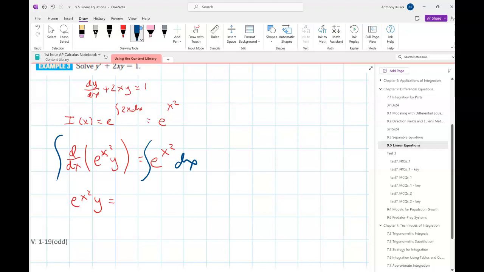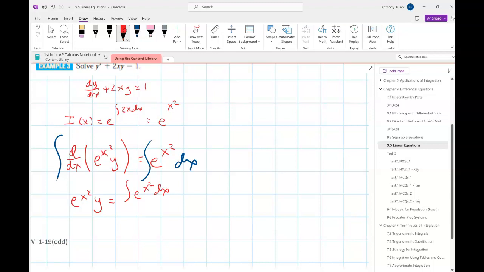We're just going to leave it, because it can't be expressed in terms of elementary functions. We just can't do that integral. But this is a perfectly reasonable function. So we're just going to leave it that way.